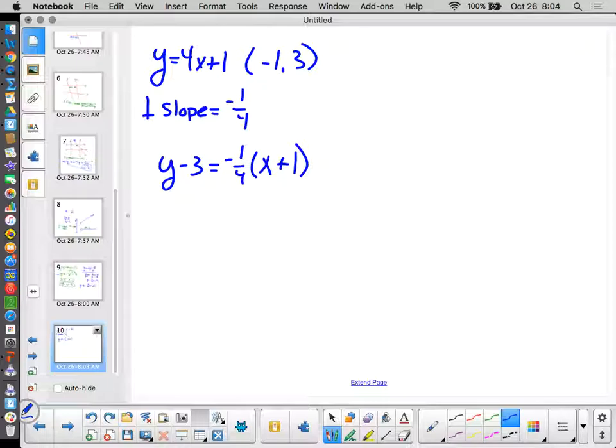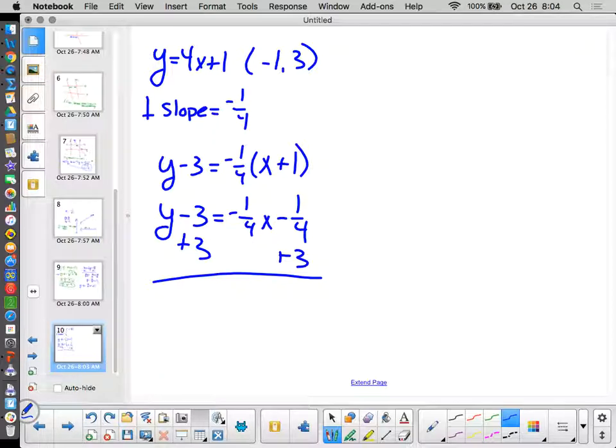Now, we do get a fraction here. We're going to have to add 3 to both sides. But 3 minus 1/4, that's actually something you probably don't need a calculator for, right? 3 minus 1/4 would be 2 3/4, which is 11/4.